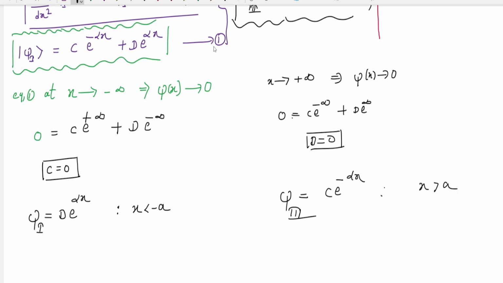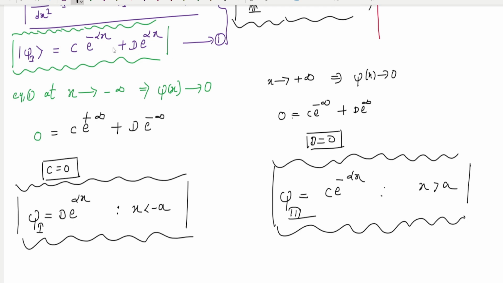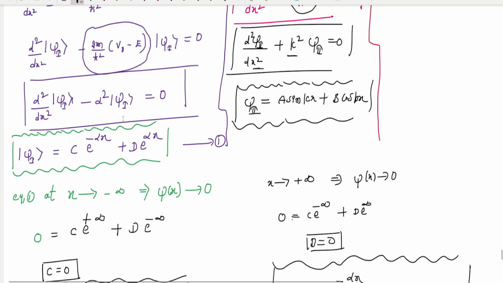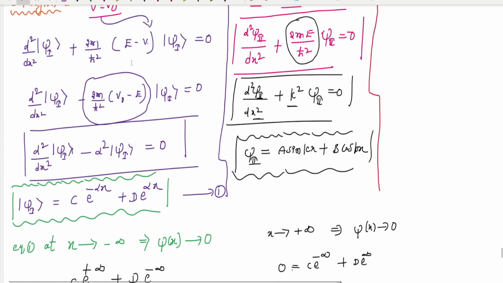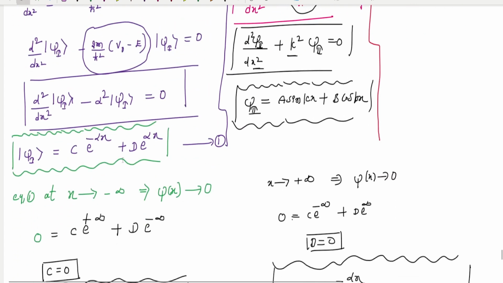From this equation number 1, I got two solutions. So this is a crucial thing. Here nothing has happened. Just listen carefully. I'm going to explain one more time here. This solution I got by solving the Schrodinger time independent equation, by putting potential energy equal to V naught, region 1 solution. Then I got this solution.